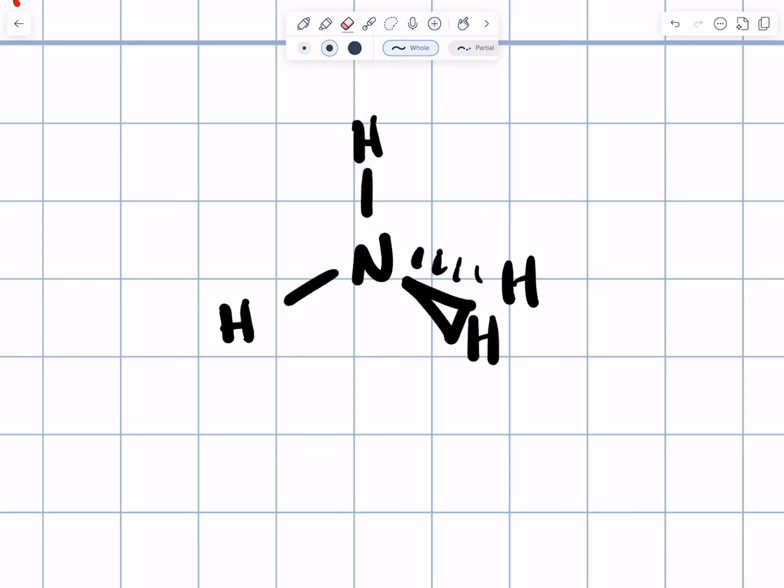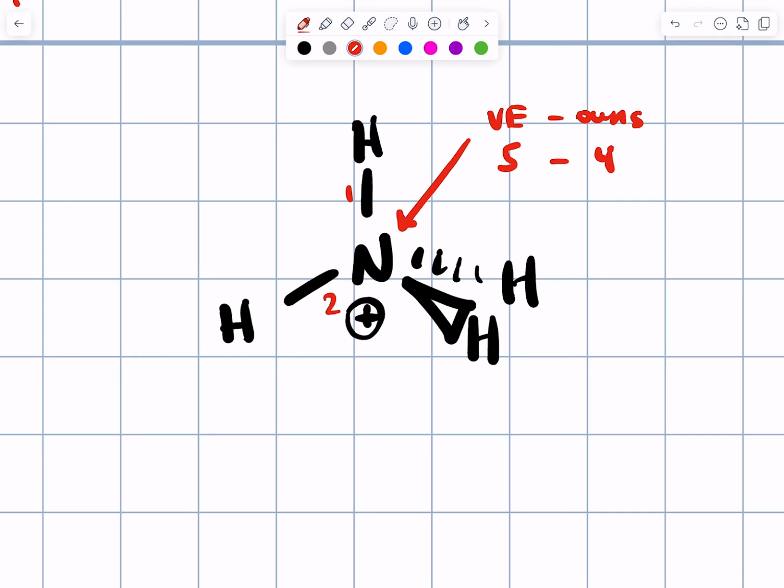So you already know the answer. Nitrogen has a positive formal charge. How can you tell that's the case? Well, again, nitrogen has 5 valence electrons. It currently owns only 4. 1, 2, 3, 4. And therefore, its formal charge is +1.